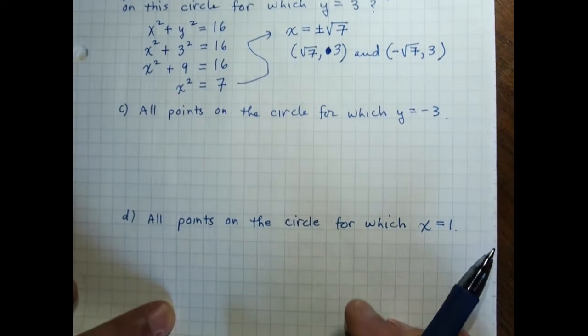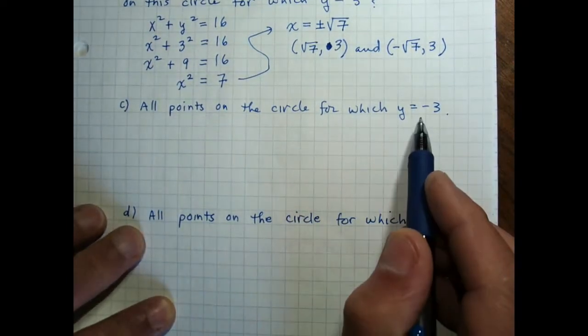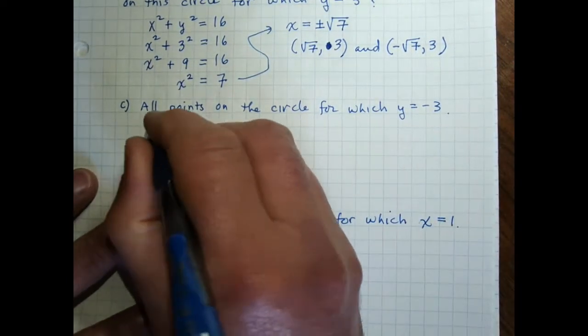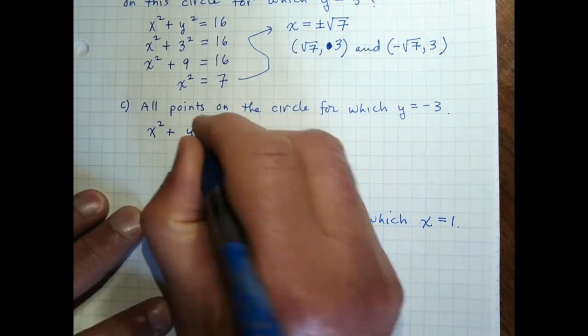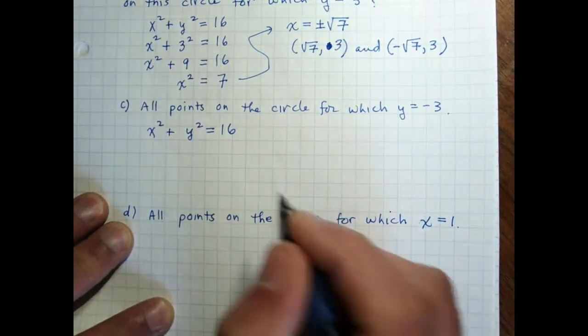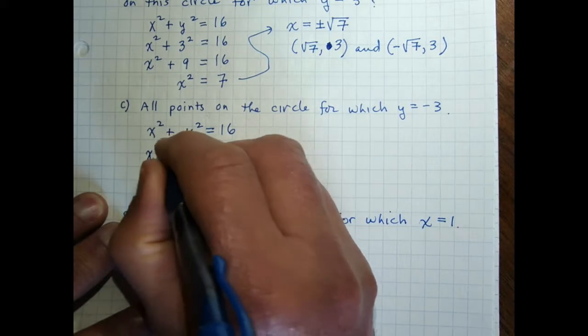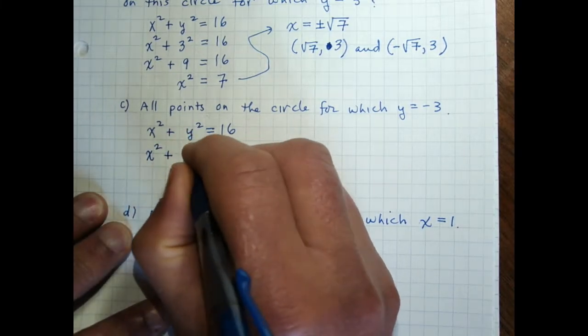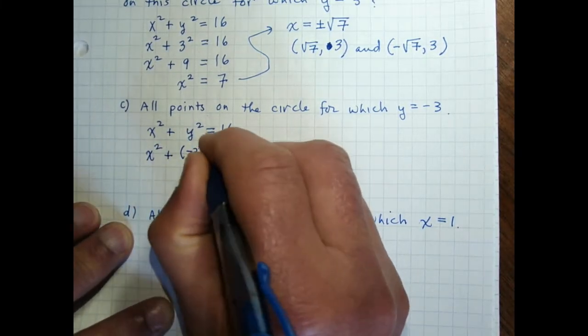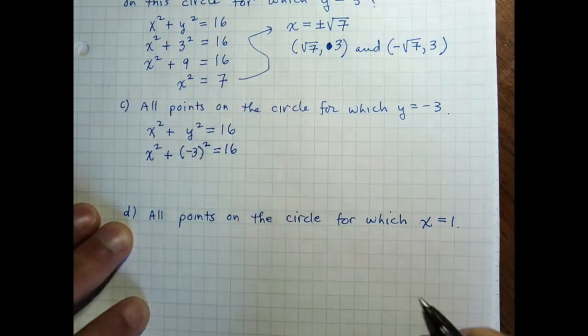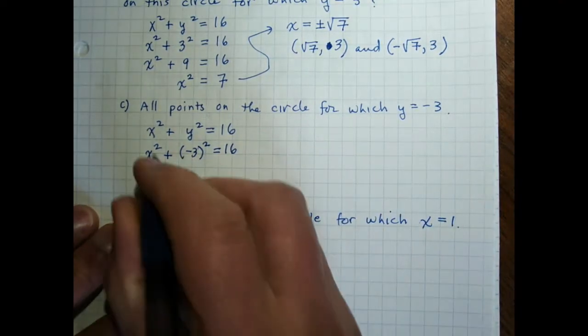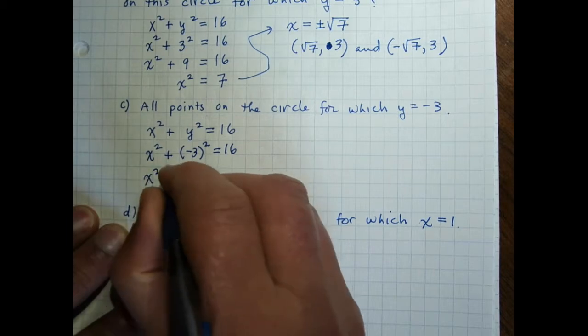Now, what if we were looking for points where y is equal to negative 3? Same equation. I'm going to plug in negative 3 for y. I have to write that as negative 3 in parentheses squared, and when I square that negative 3, I get a positive.